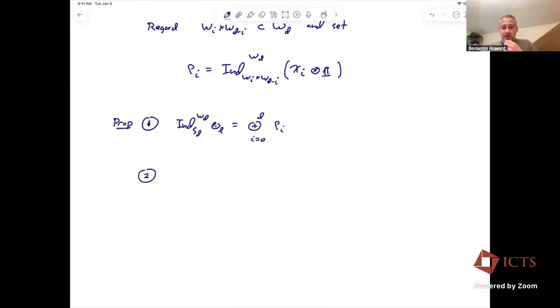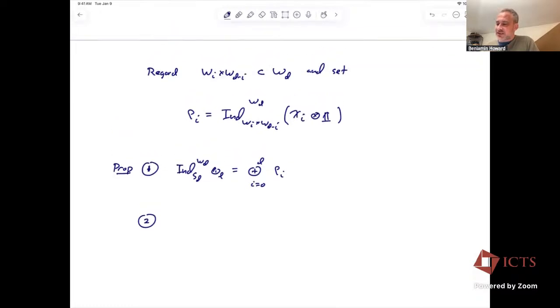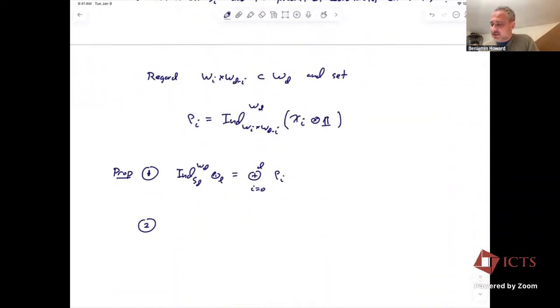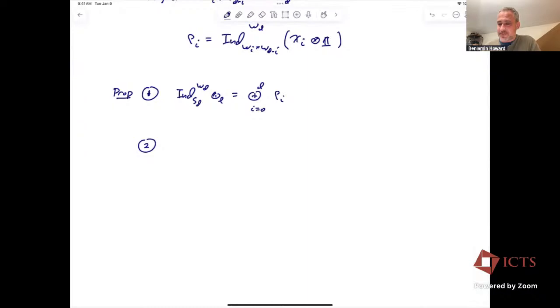But the point is, this decomposition of the representation now induces a decomposition of the higher direct image of the constant sheaf under the Hitchin map, which has this Hecke operator acting on it. Okay.